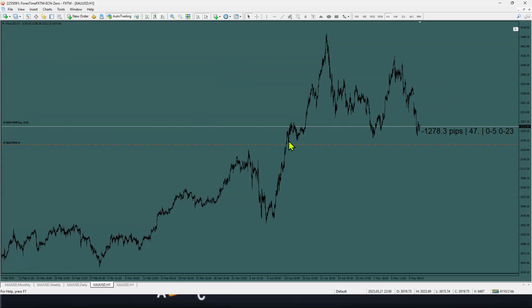Not bad, you understand? This stop loss is about 91,000. So gold is small, but the dollar per pip is high, so it makes a lot of money.